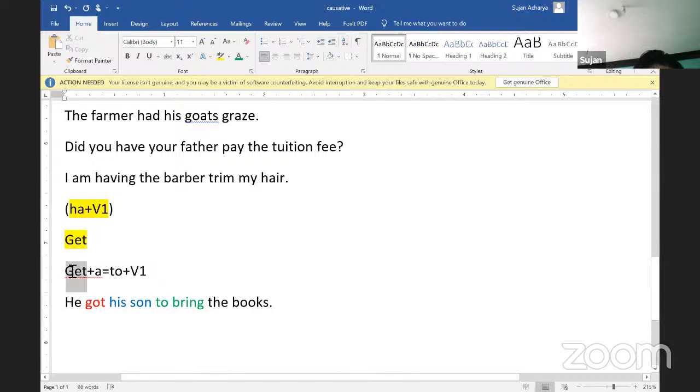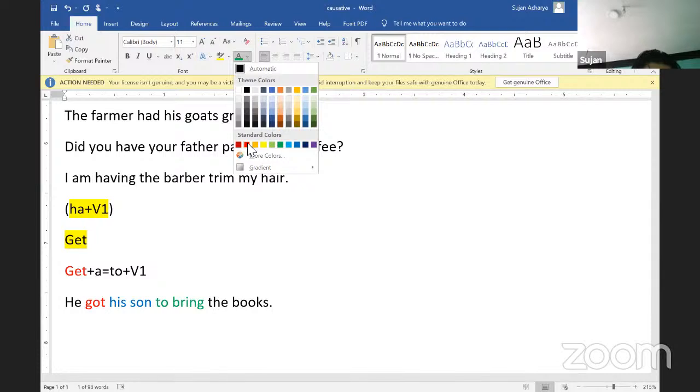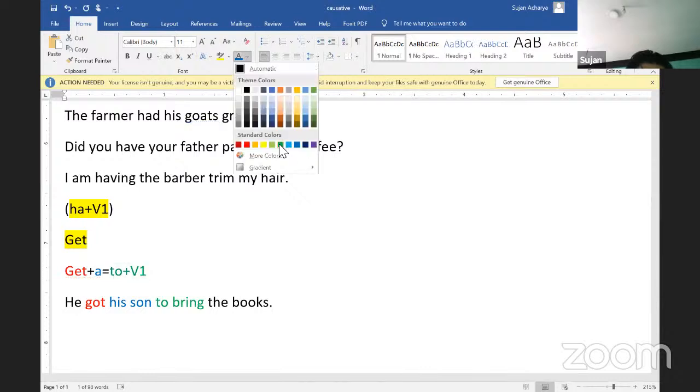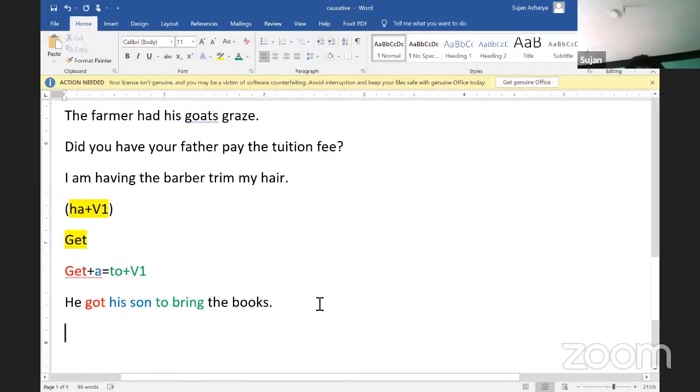This is get. Agent, his son. Then if it is followed by agent, we use 2 plus V1. Maybe it will be easier for you to identify with the colors as well. Okay. Get plus agent, his son.